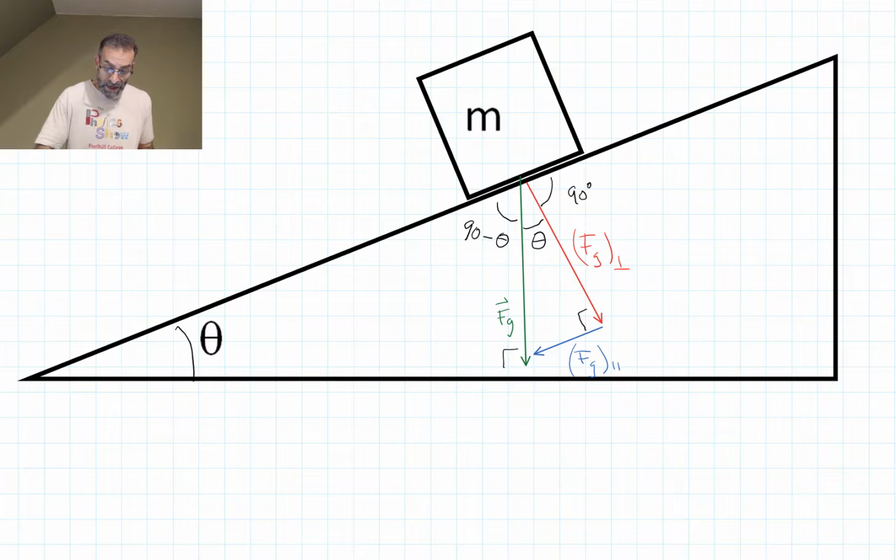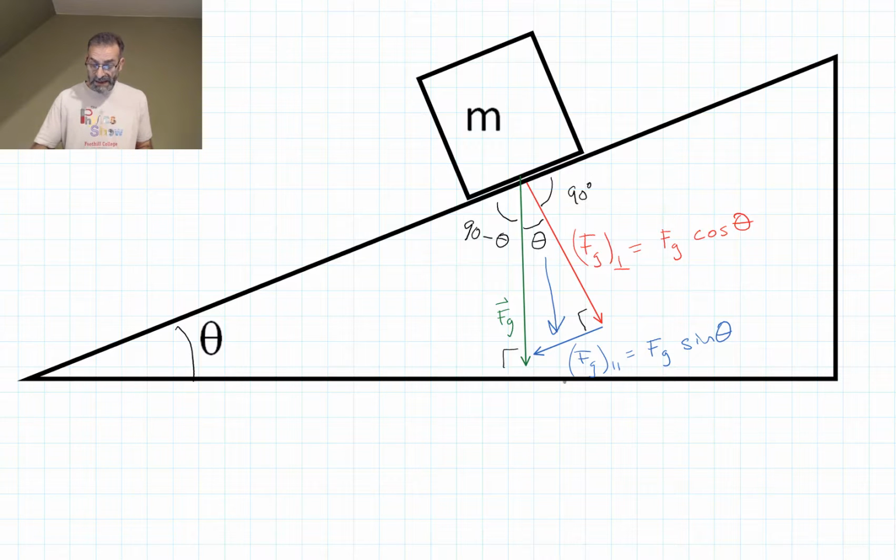That means that my red side here, F sub g perpendicular, is going to be F sub g times the cosine of theta, and F sub g parallel is going to be F sub g times the sine of theta. F sub g parallel is F sub g sine theta because it's the opposite side from theta. We use the sine. And F sub g perpendicular is the adjacent side, so we use cosine.